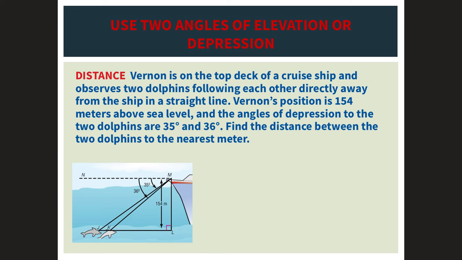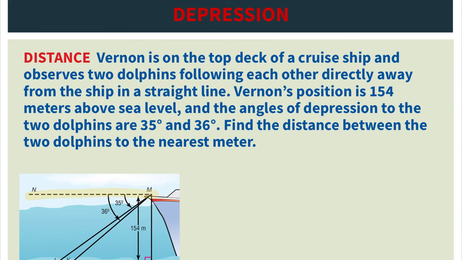Again, we can use that same concept: here is the angle of depression, straight across and down, and that's for both dolphins. It's parallel to the water. So if those two angles up top are 35 and 36 degrees, then these angles here are 35 and 36.